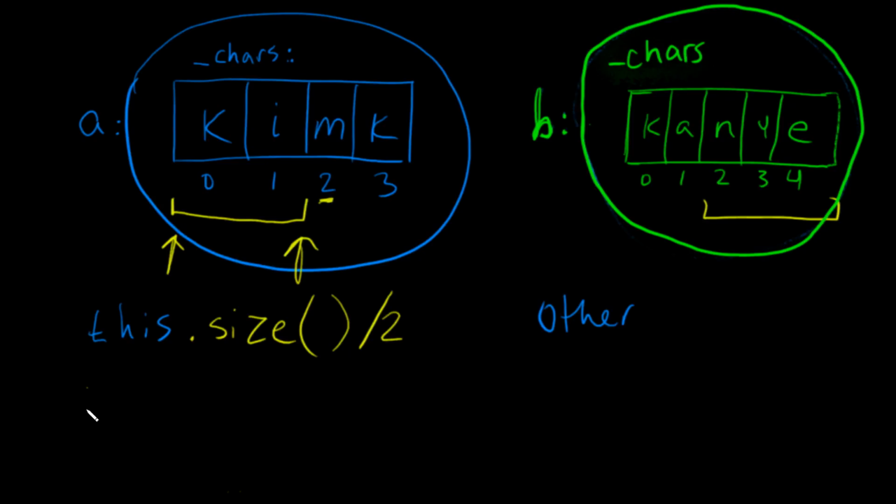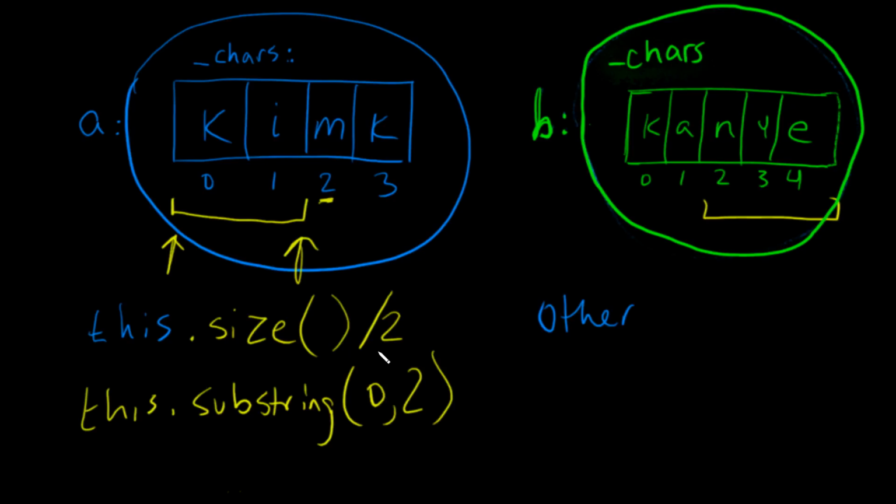So if we then say this dot substring with a starting index of 0 and an ending index of 2, and remember, we're not going to actually include the ending index when we use our substring method. We go up to the character before it. That should give us the first half of the first name.